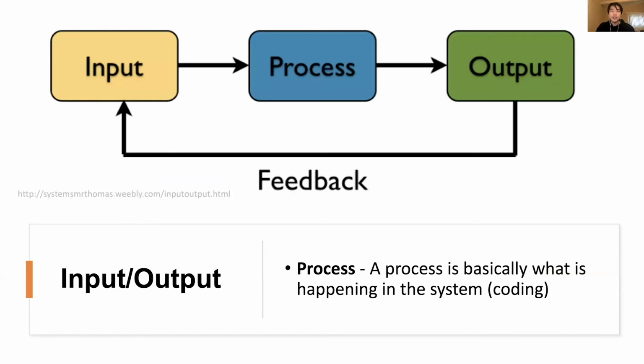All right, so if you see this diagram with input, output, and process, we're going to focus on process, because I think we talked enough about inputs and outputs. A process is basically what is happening in the system, and that will be covered by the coding. We're going to have input, and our code will process that input so that we get what we want as an output.